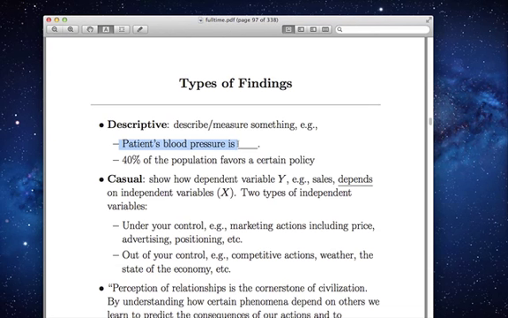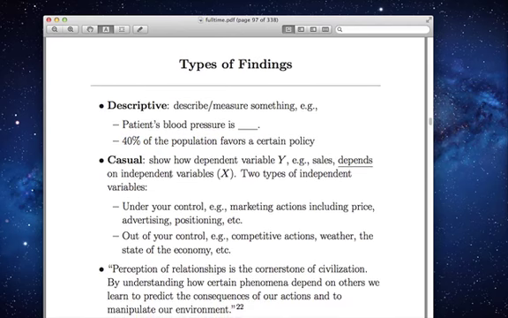We could say that X% of our customers have mobile devices. That's a descriptive fact. If we're public policy researchers, well, maybe 40% of the population favors a certain government policy. That's a descriptive fact, as opposed to a causal finding.